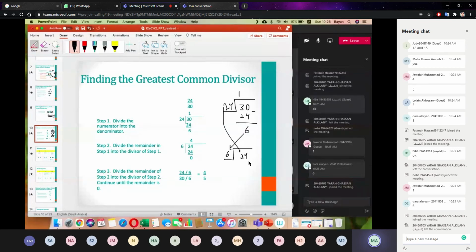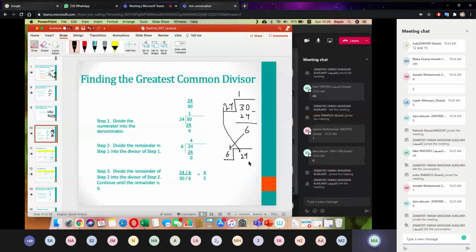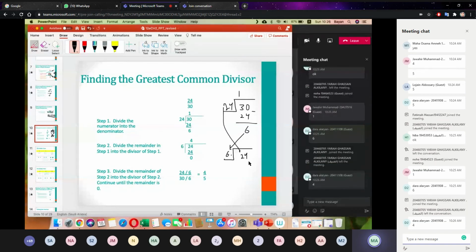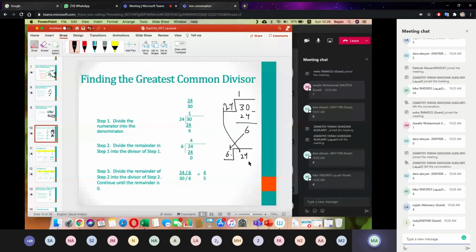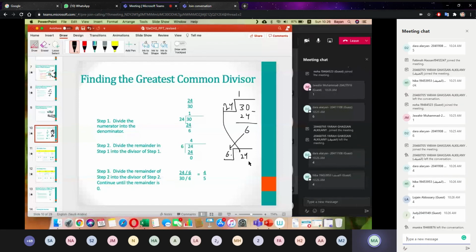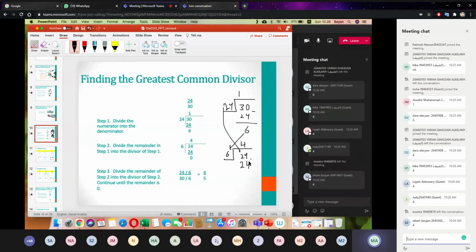Which value multiplied by 6 gives you 24? 4. So 4 times 6 is 24. 24 minus 24 is 0.